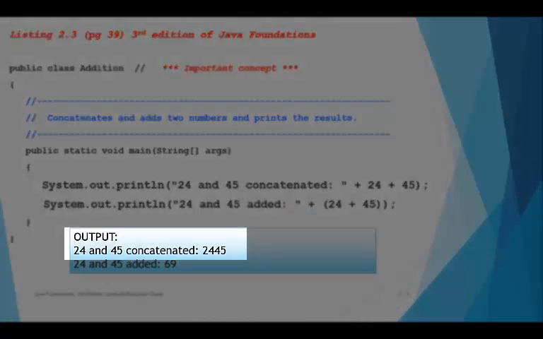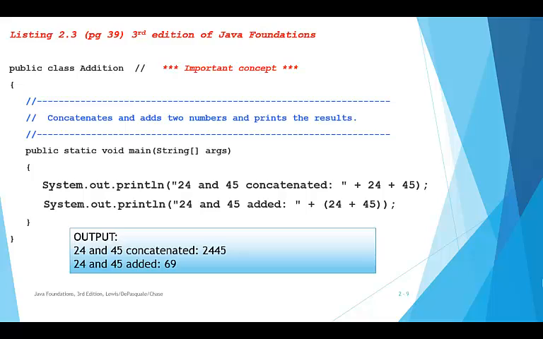Now let's examine that closely. We do see two numbers there, and we do see a plus between them. But remember that when we're doing the expression, it works left to right. So the first thing we encounter is the string, "24 and 45 concatenated is". Then the plus sign appends the 24 to the string, working left to right.